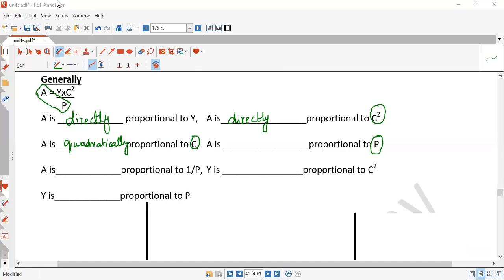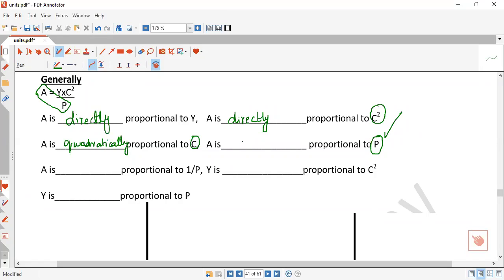Abdullah Jafri, yes. A is how proportional to P? Abdullah. Yes, Abdullah. Don't know. Directly, sir.